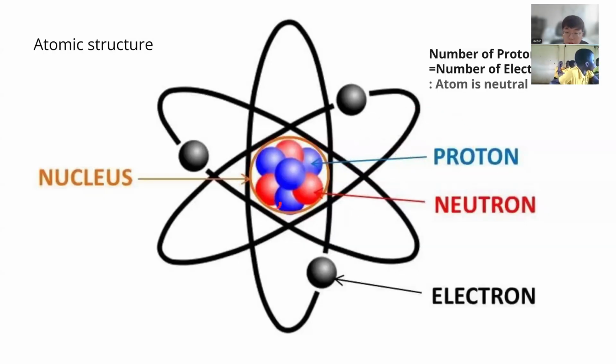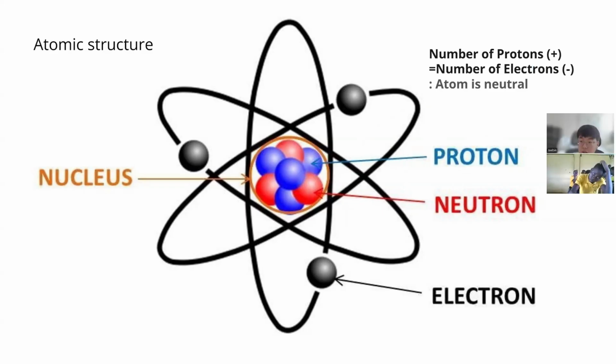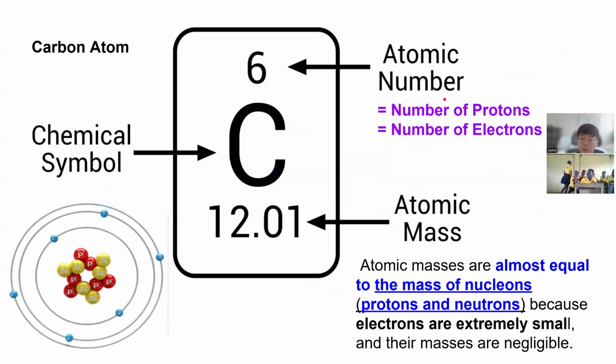Yeah, we learned about, again, an atom last time. Remember that because the number of protons equals the number of electrons, the atom is neutral. And then we learned the periodic table, right?